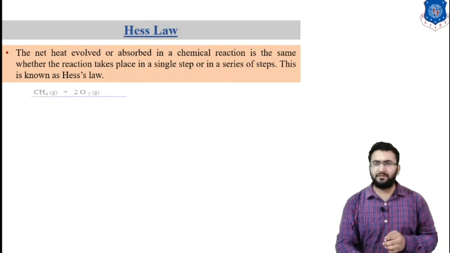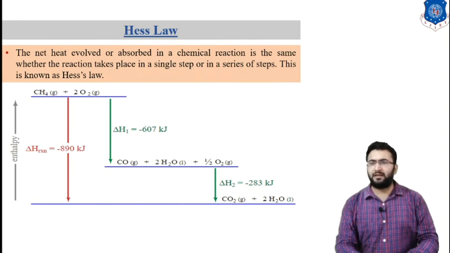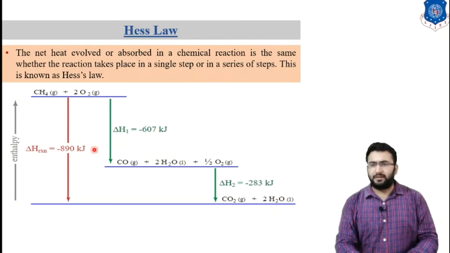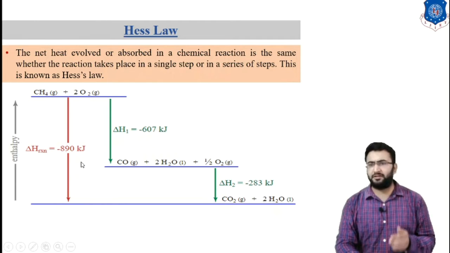To understand this, let's take one example, methane and oxygen. When methane reacts with oxygen, it makes CO2 plus 2H2O. Heat released during this reaction is minus 819 kilojoule, but this reaction occurs in two steps.